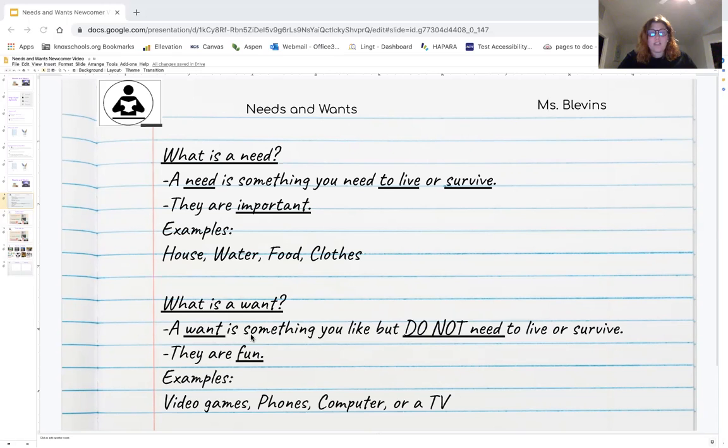A want is something you like but do not need to live or survive. They are fun. Examples are video games, phones, a computer, or a TV. So the difference between needs and wants. Good job reading along with me.